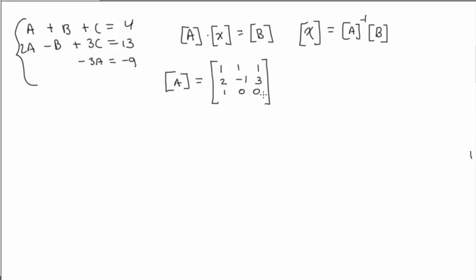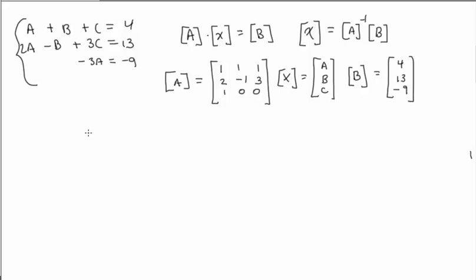So that's matrix A. Matrix X would be a matrix of the variables we would want solved. So A, B, and C. And then matrix B is a matrix of the solutions 4, 13, -9.